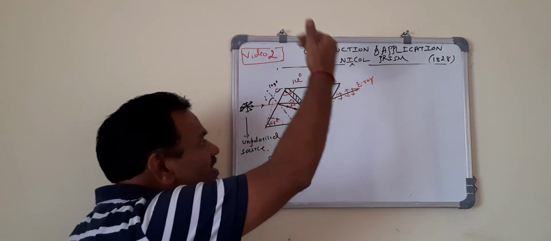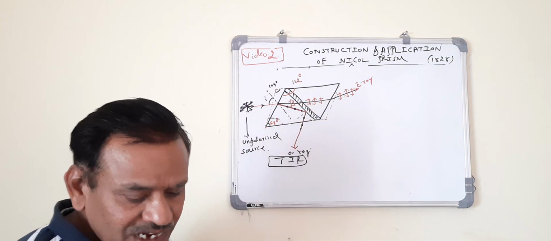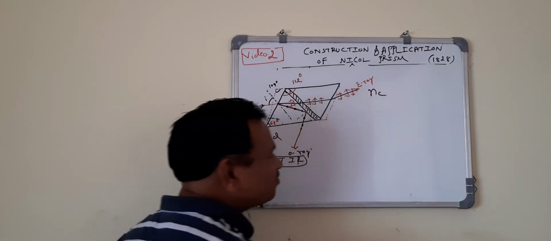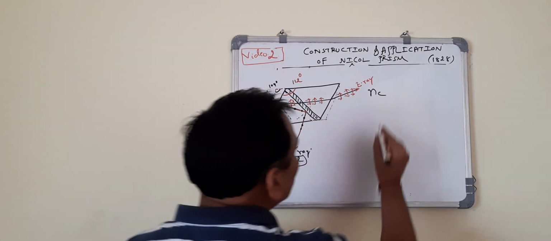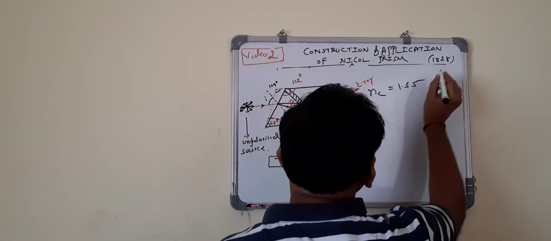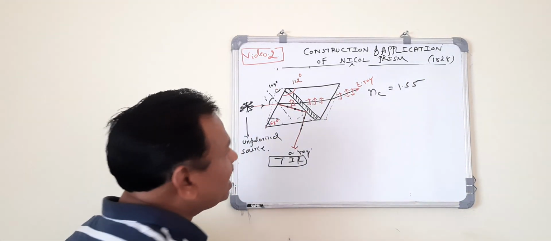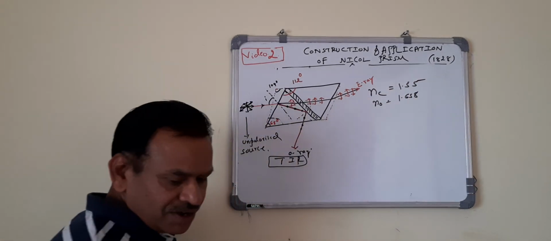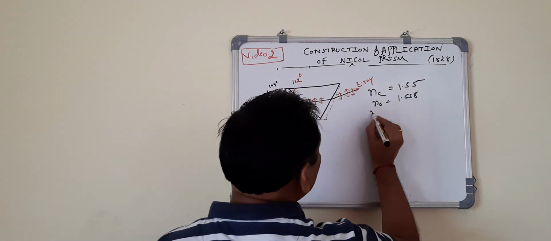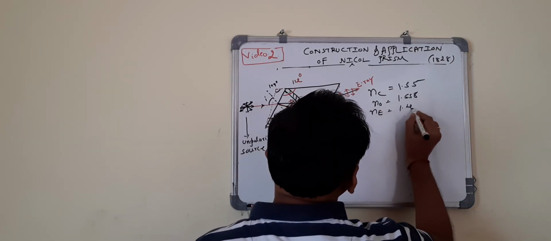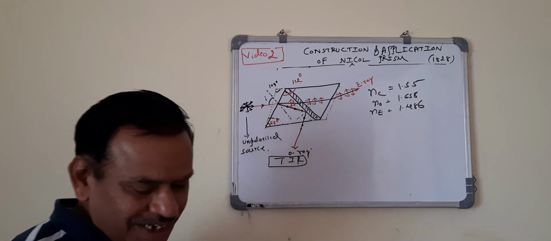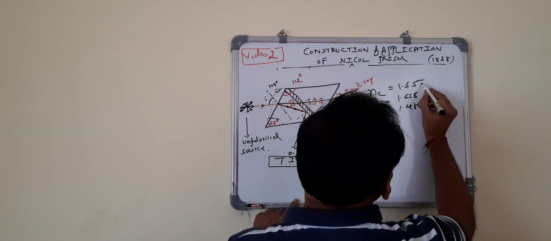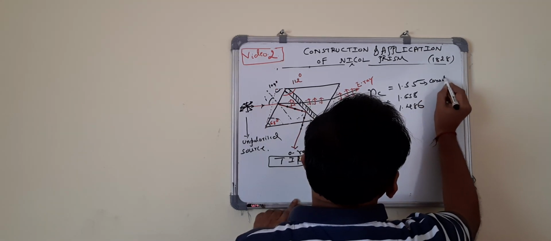Here you see, n of C, where C stands for Canada balsam, equals 1.55. n of ordinary equals 1.658. n of extraordinary equals 1.486. This is the refractive index of Canada balsam.